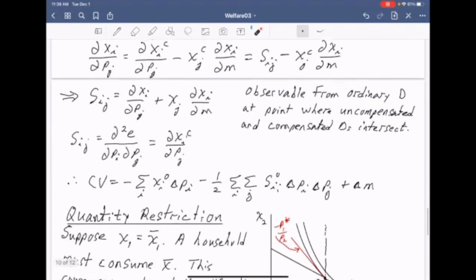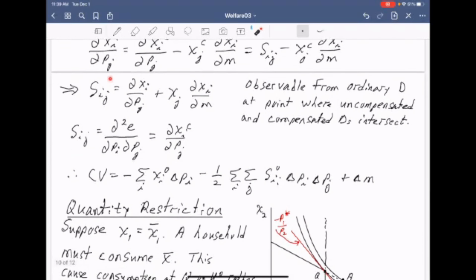So we can rewrite this Sij as the second partial of the expenditure function with respect to pi and with respect to pj, which is equal to the partial of the compensated demand, because we're at that intersection point of the estimated demand function, with respect to pj.